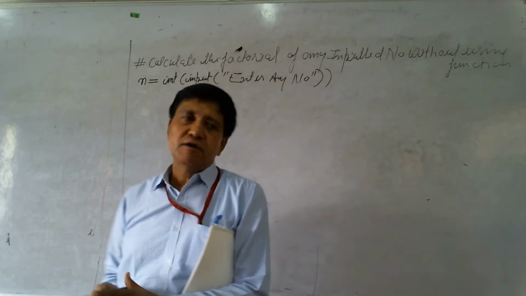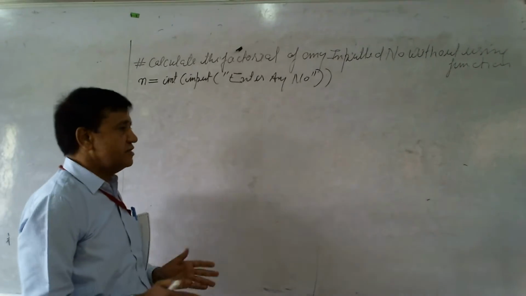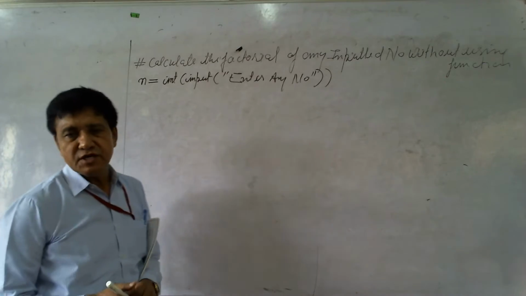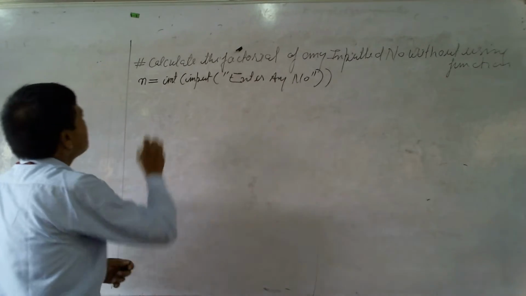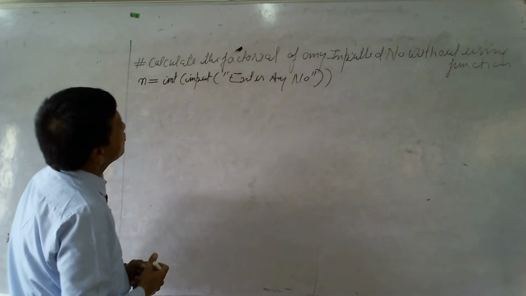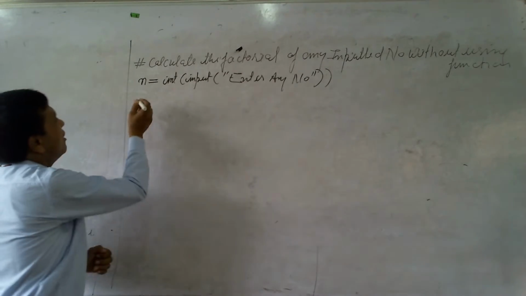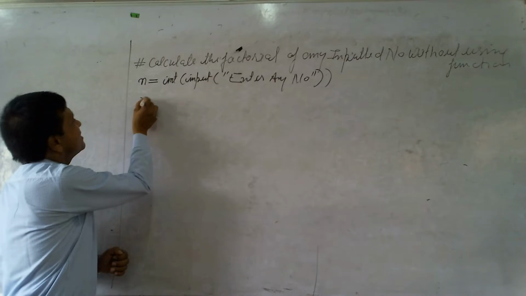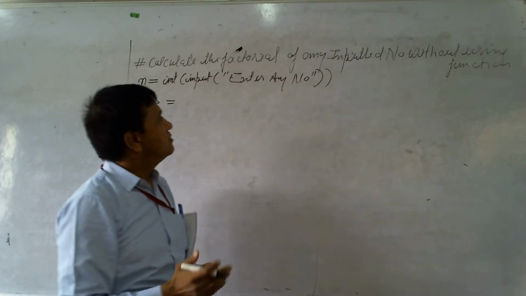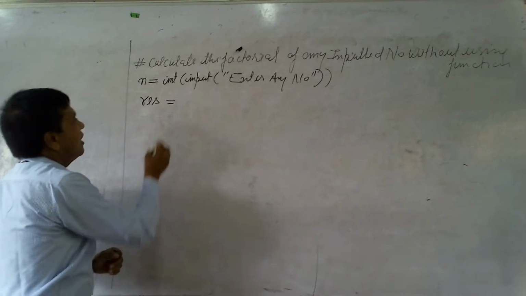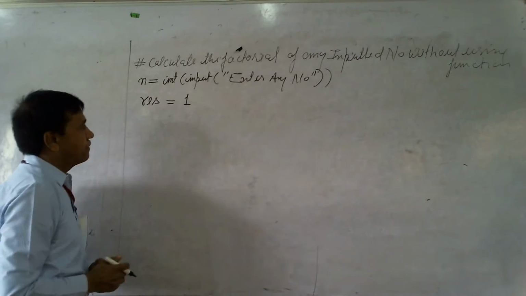It is not required in Python. This is one of the good, important features of Python. Now, I have to calculate the factorial of this number. I am taking one variable res, which will contain the factorial of this input number. I have assigned the value 1 here.